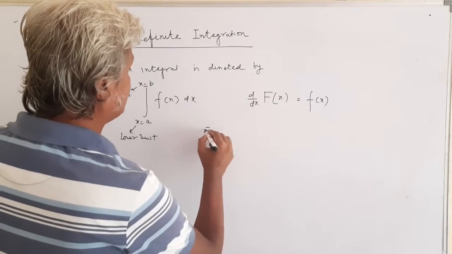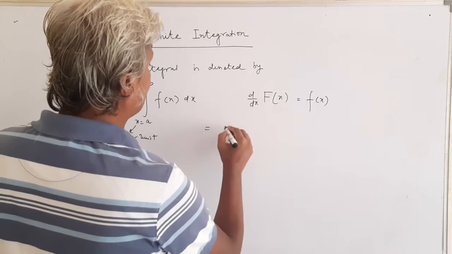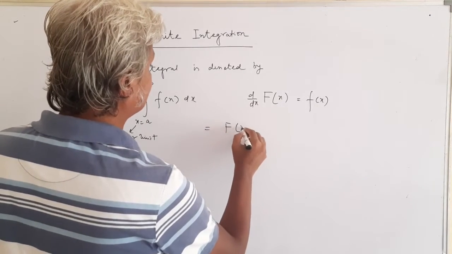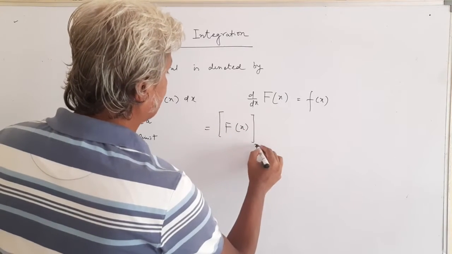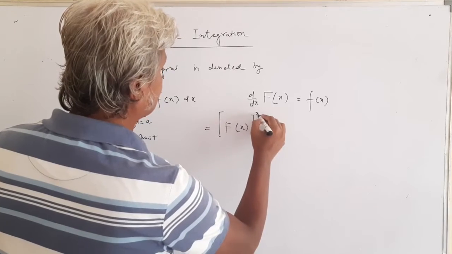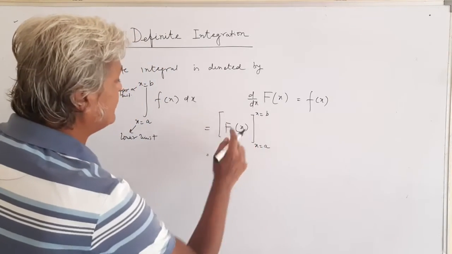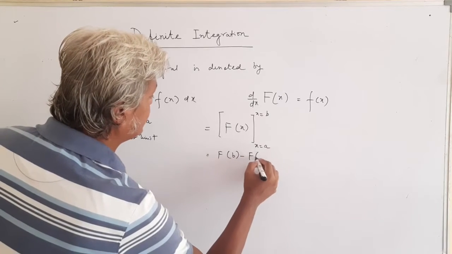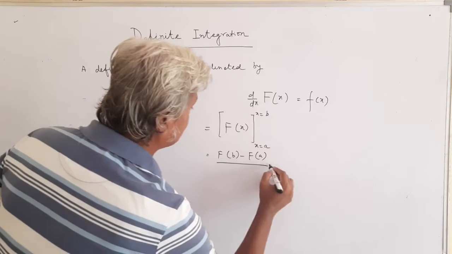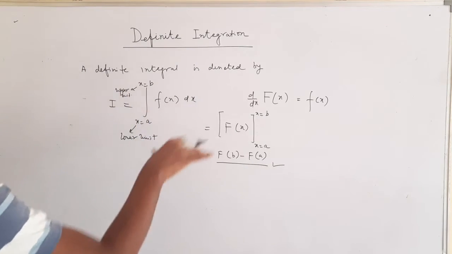So if I find the integration of this function, then I'll get capital F(x), and then put the value of the limits there, that is x is a to x is b. Now put the value of x as b first, so this becomes F(b) and this becomes F(a). Now this numerical expression is the value of this integration.